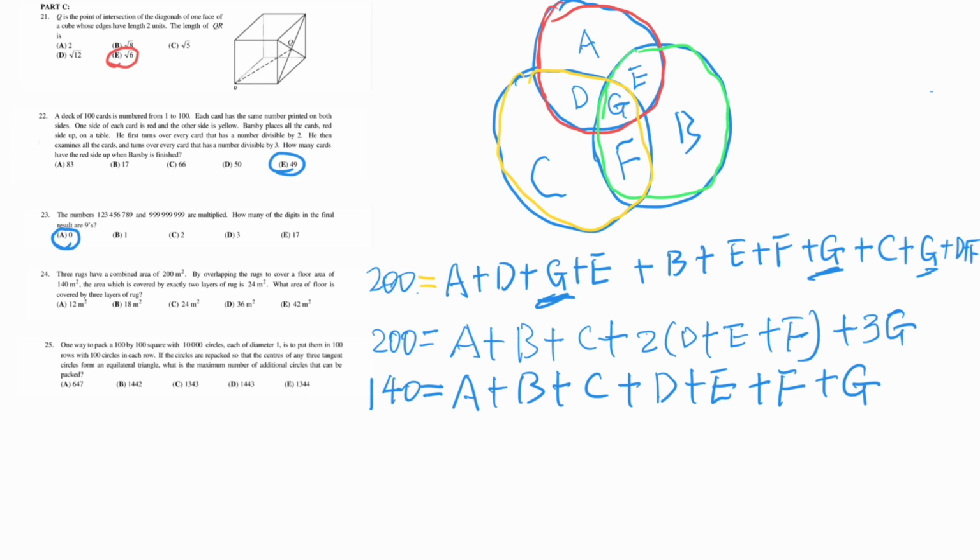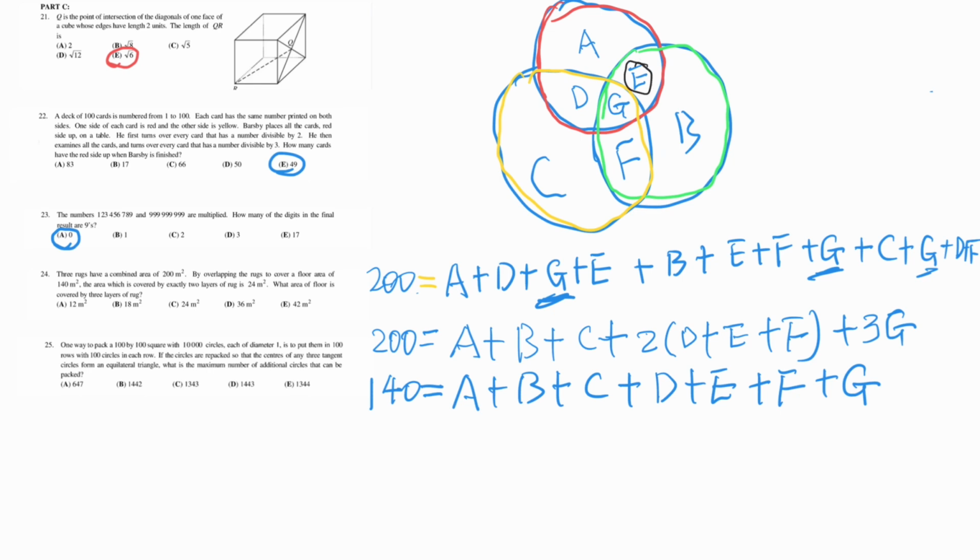The last given is the area covered by 2 layers of rocks is 24 square meter. Look at the 2 layers. Which is the 2 layers?